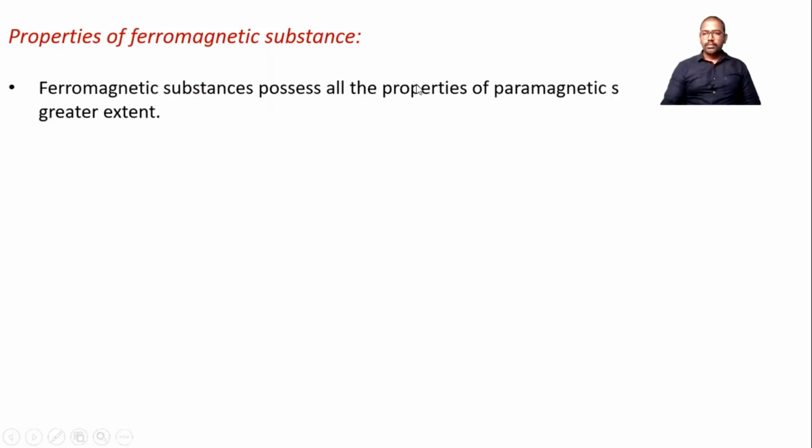So ferromagnetic substances show all the properties of paramagnetic substances, but to a greater extent. Let's see some properties.